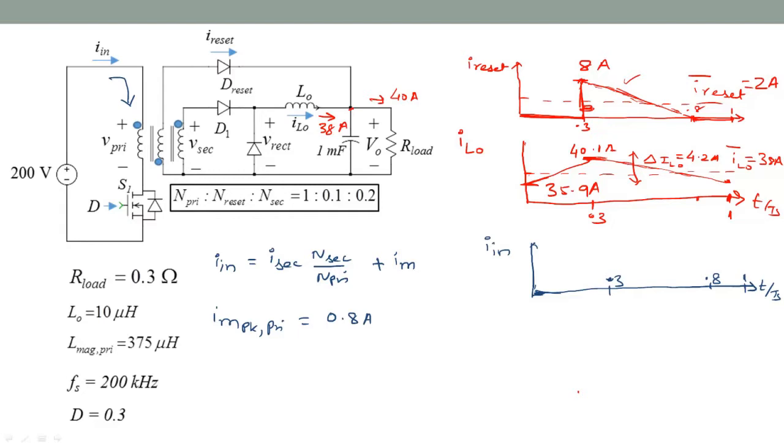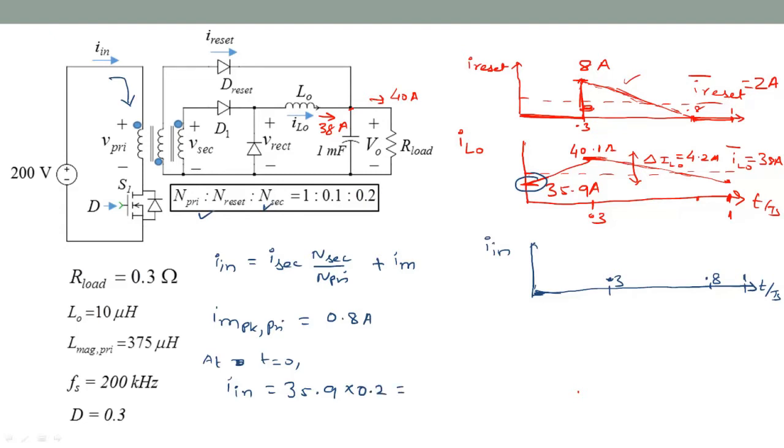Okay, so at t equals 0, I in or I primary equals this current here. Okay, so it's going to be 35.9 times N secondary over N primary, which is 0.2.